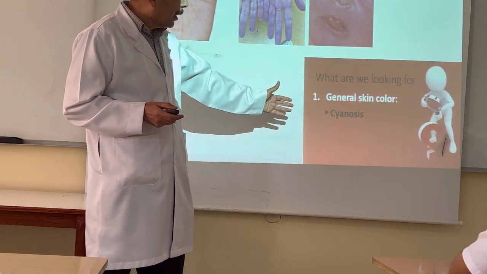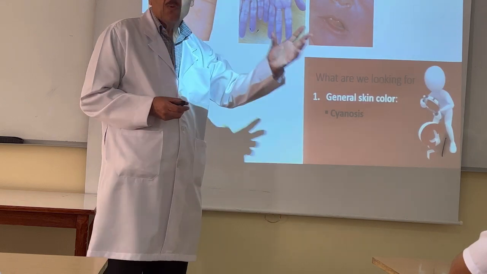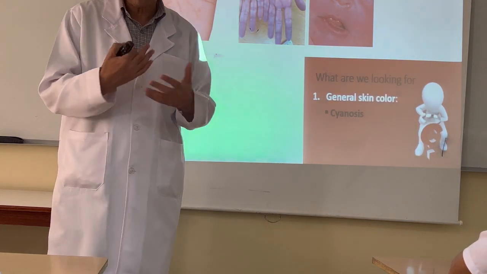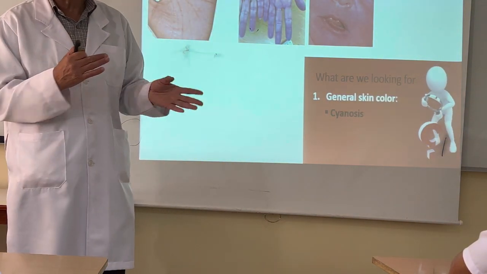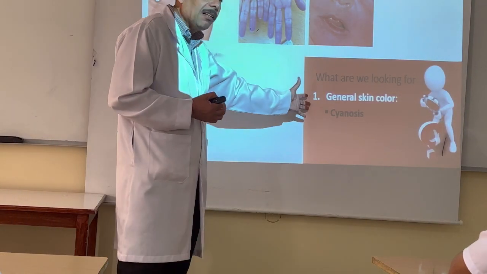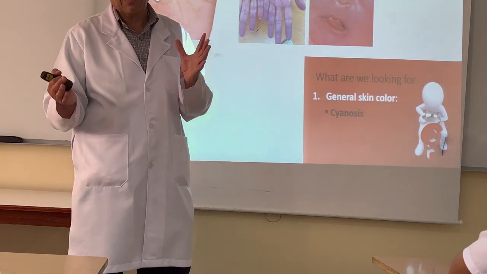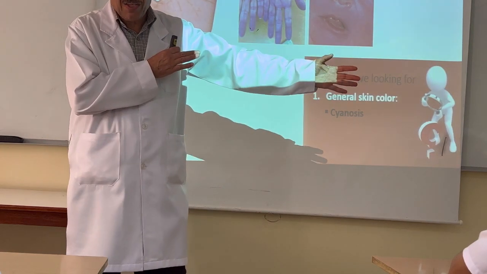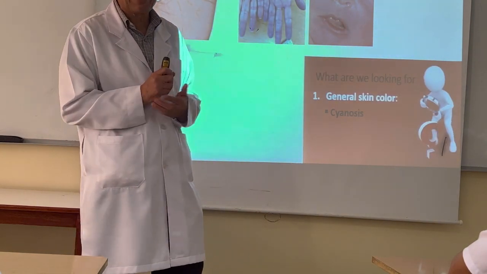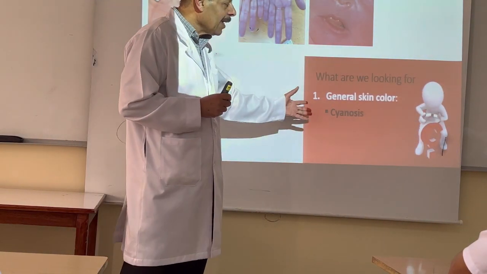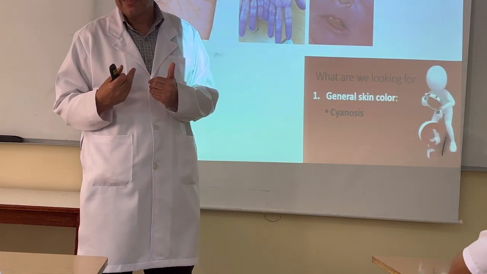Then the important thing is to also differentiate between normal and abnormality, regardless of the color of the patient, whether he is white or going toward dark skin. Is there any cyanosis or not?